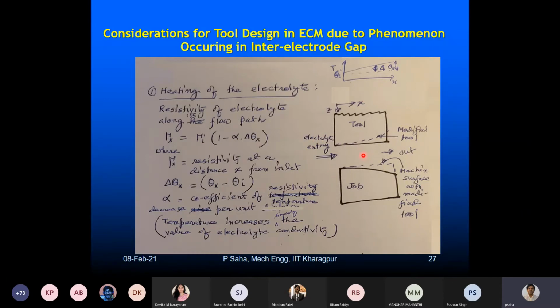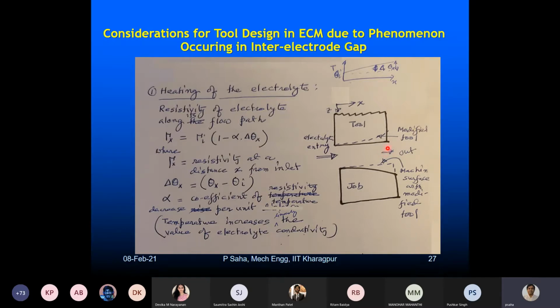Because we do not want heated electrolyte, it will cause problems. But within the entry and exit there will be some temperature difference, which is very difficult to control and make uniform. Not possible. So the question is, from here to here, due to the increase in temperature, will there be any change in the conductivity of the electrolyte?